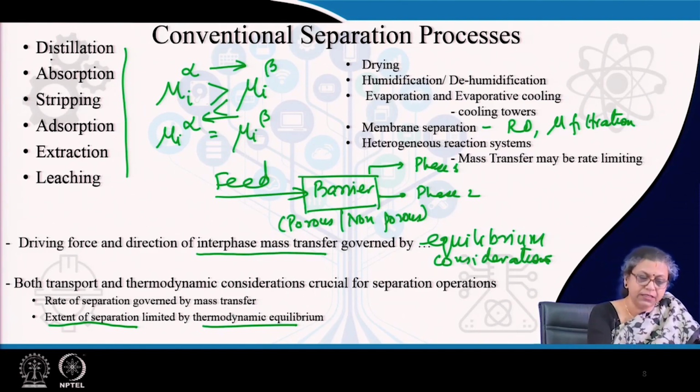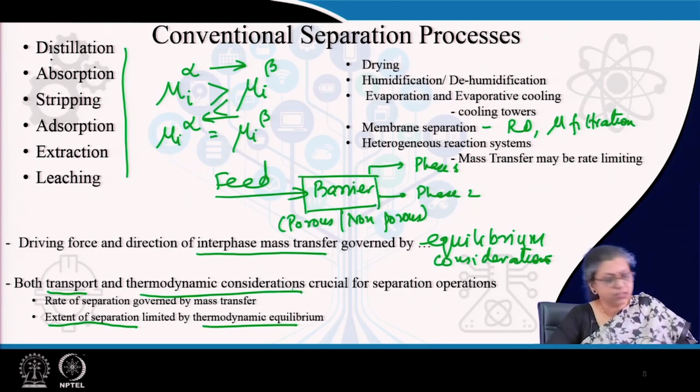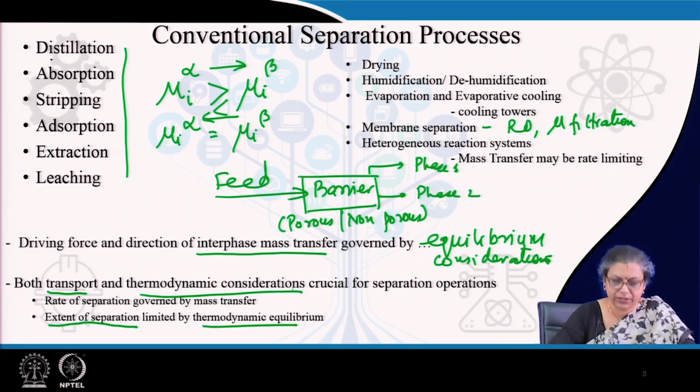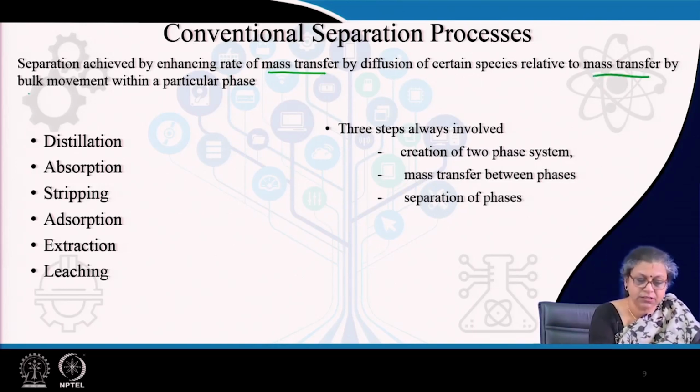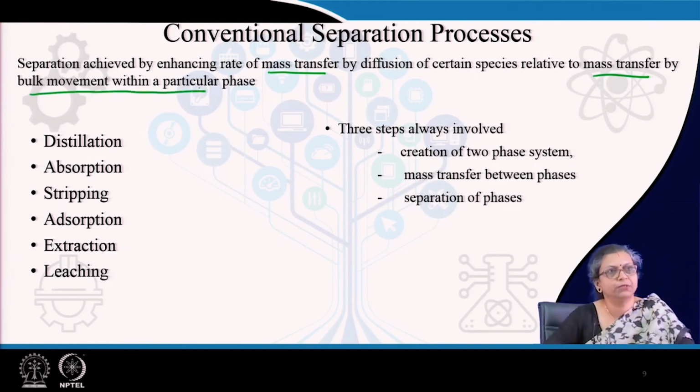So, for the design of these separation processes which I have listed up here, we need to consider both transport as well as thermodynamic considerations. All these separations are achieved because certain components undergo interphase mass transfer, and this rate of mass transfer is faster compared to the mass transfer which occurs due to bulk movement within a particular phase.